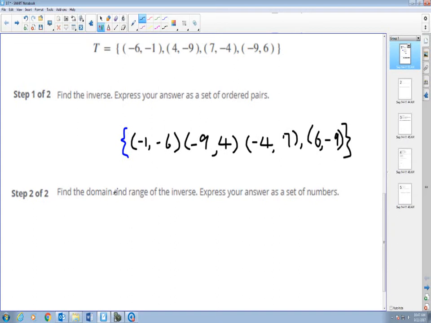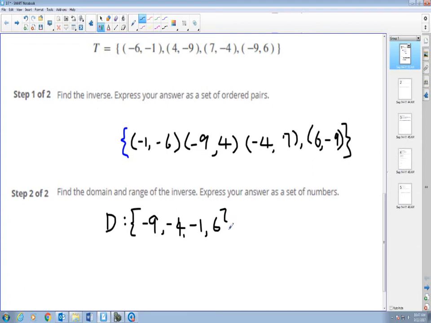So now find the domain and the range of my inverse. So this is my inverse. Since this is a relation, there are no points between any given points here, so I will use my set notation. My domain will be a set of x values. So my x values will be -9, -4, -1, and 6.